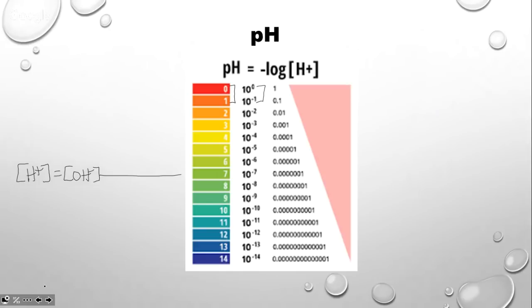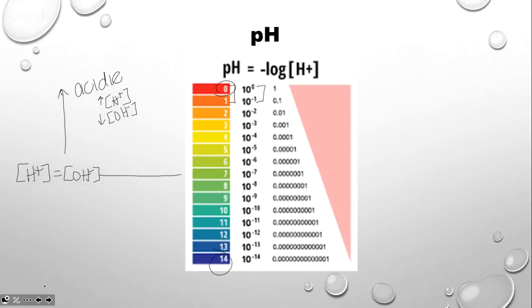As we go lower on the pH scale, closer to 0, we get more acidic. As we go lower on the pH scale, we increase the amount or concentration of H plus while decreasing the concentration of OH minus.